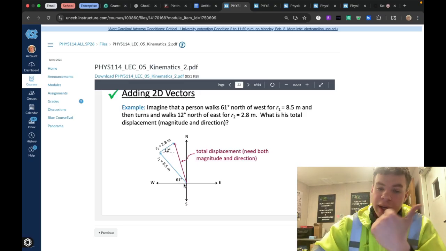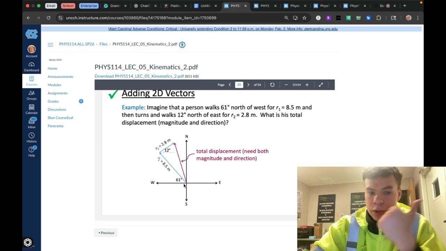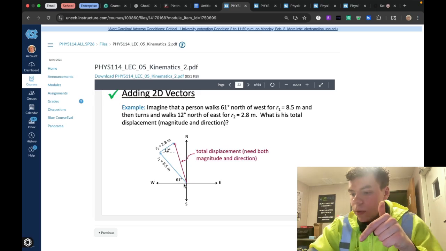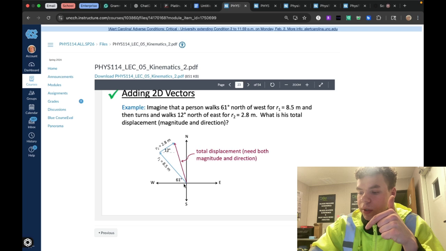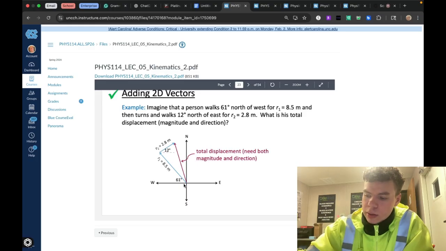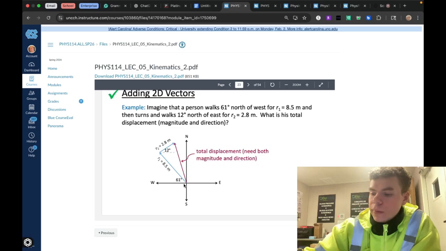So to find the total displacement, we already said that he went 4.128 meters in the x direction on his initial trip, and on his trip back, he went 2.74 meters in the x direction on his way back. So his total displacement in the x direction should be 1.38 meters.